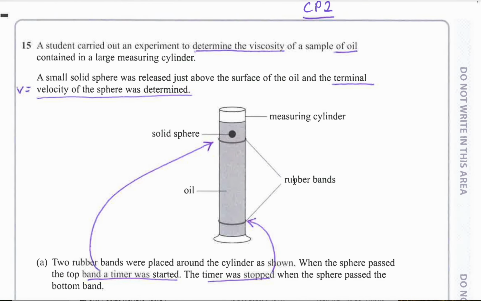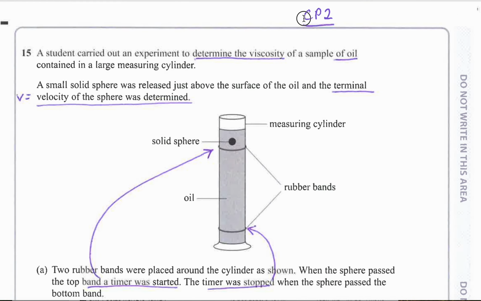Question 15 is Core Practical 2. That's what CP2 stands for. It's the second core practical you need to know. A student carried out an experiment, and Core Practical 2 is to determine the viscosity of a sample of oil contained in a large measuring cylinder.